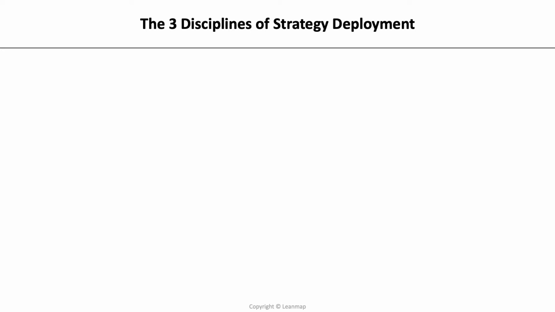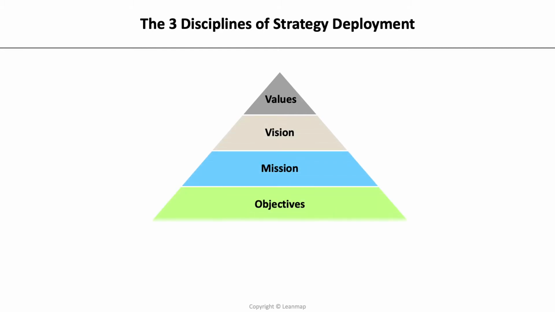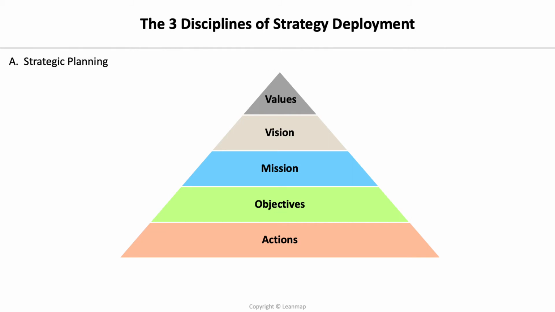The 3 disciplines of strategy deployment. It starts with the values, then the vision, mission, objectives, and actions. And they are connected in 3 different ways. Number 1, through strategic planning, to take an aspiration and translate it into achievable goals, and those goals into tangible actions.